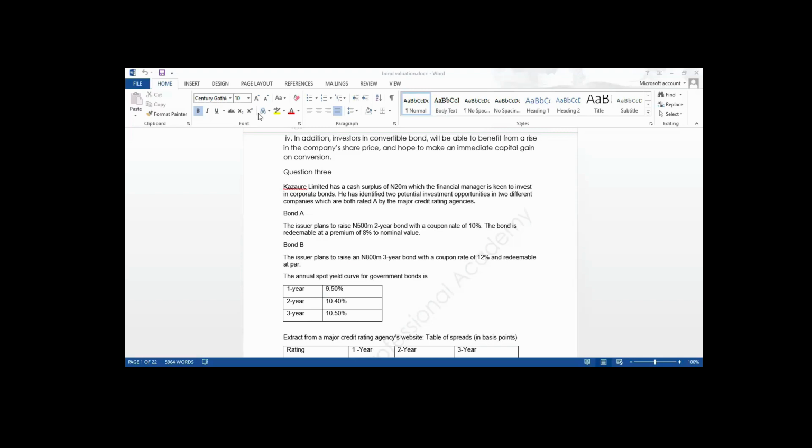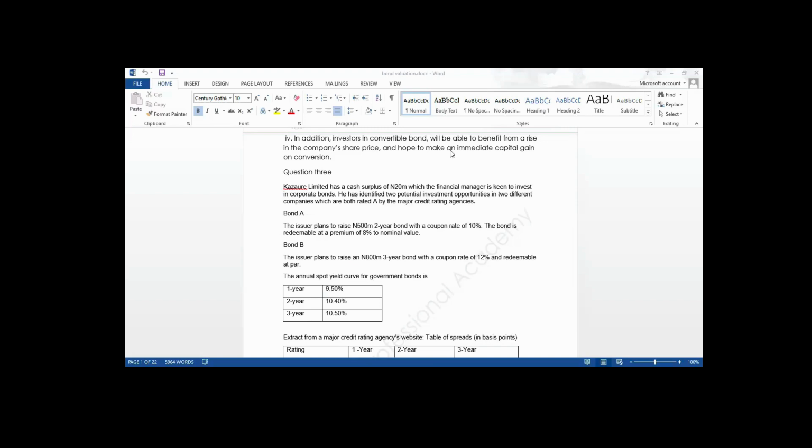Bond B. The issuer plans to raise 800 million, 3-year bond with a coupon rate of 12% and redeemable at par.